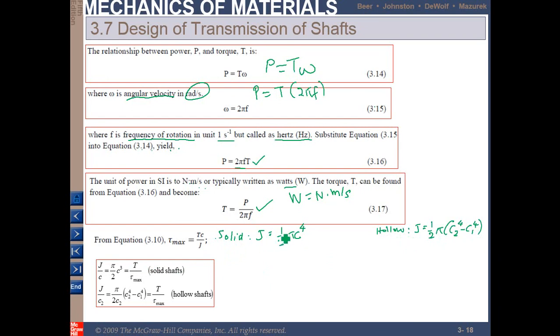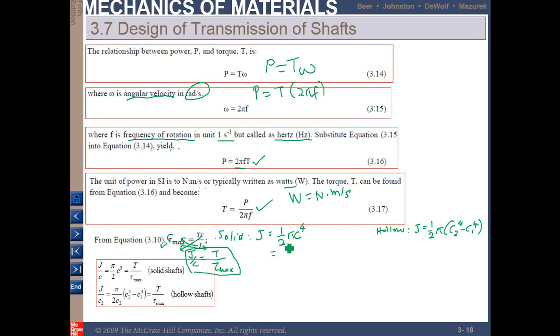Okay, so if you simplify this equation, you bring J to here, and then C to here, and then you bring this shear max to here, so you will get J over C equal to torque over shear max. So you have to cross multiply the equation, so you will get this.